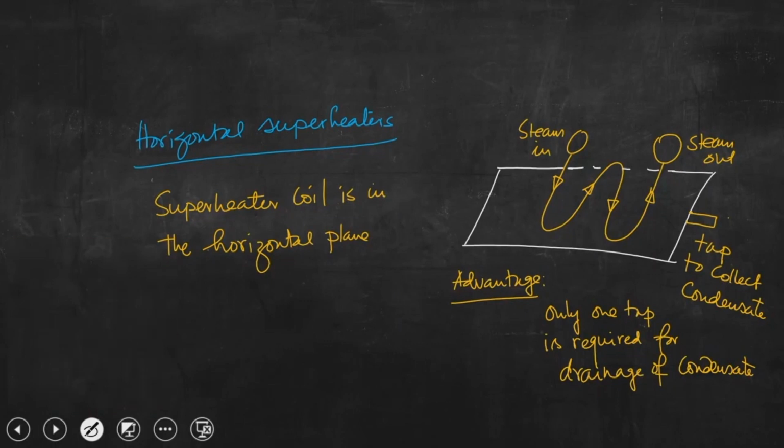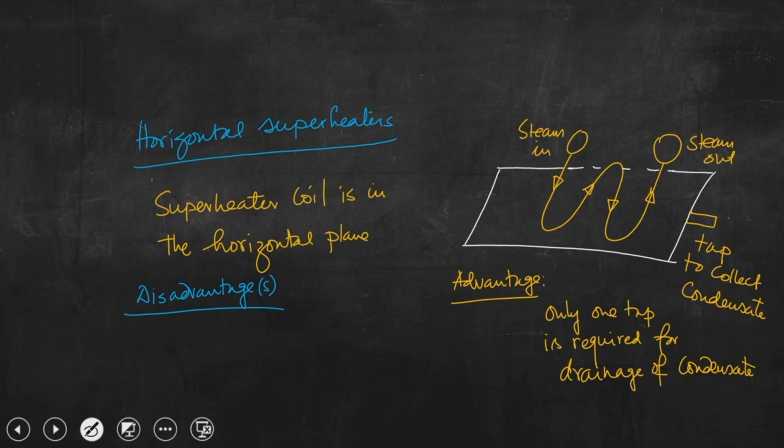Similarly, we also should know the disadvantages. In the vertical superheaters, holding is easy because coils are suspended from the roof of the boiler.